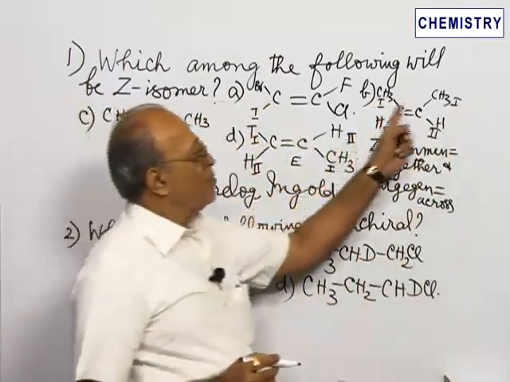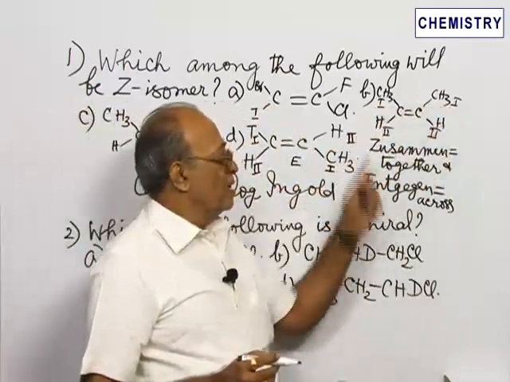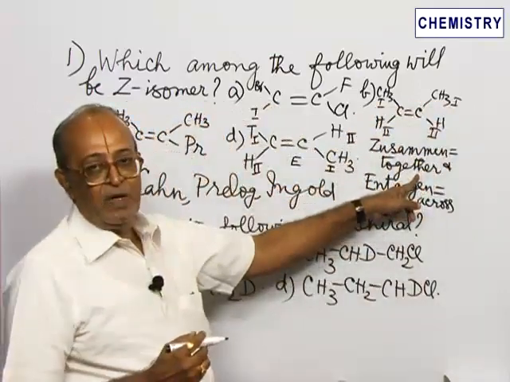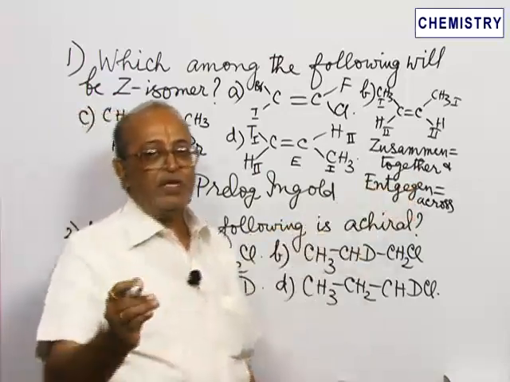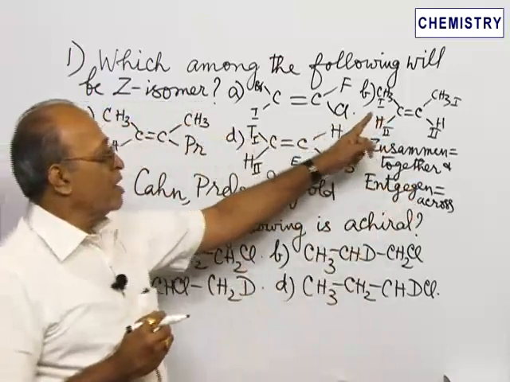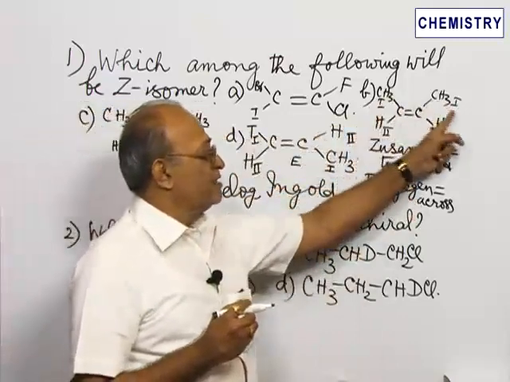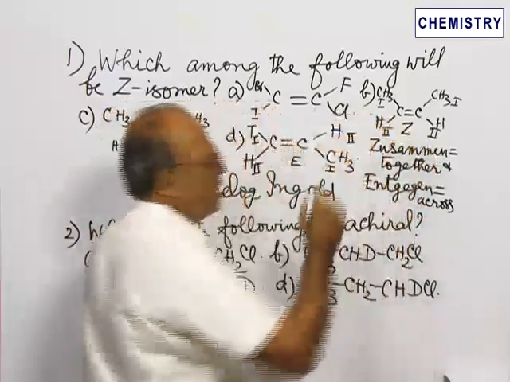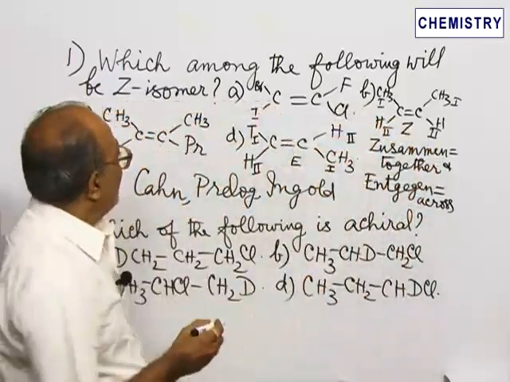So, priority number 1 together means on the same side. So, the substituents with a higher priority are placed on the same side together. It is known as Z isomer. You follow this.